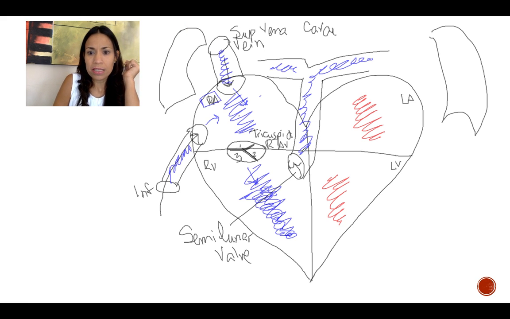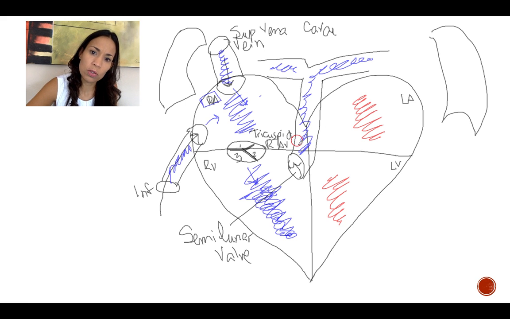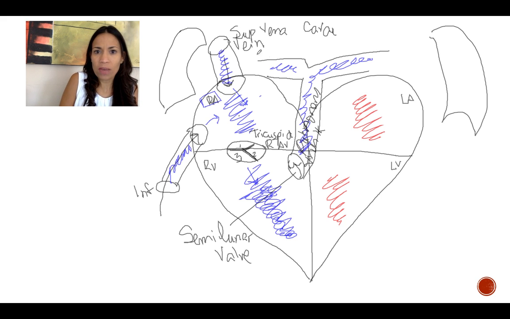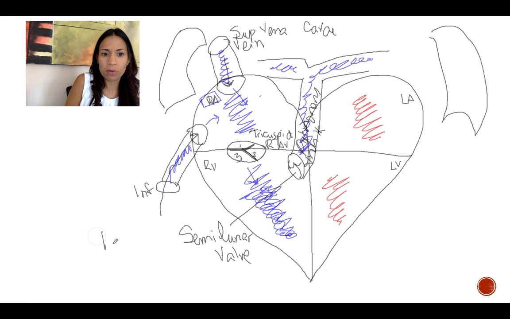So this artery, which is called the pulmonary trunk, divides into branches, one for the right lung and one for the left lung. So this valve connecting the right ventricle to the pulmonary trunk is called pulmonic or pulmonary valve.